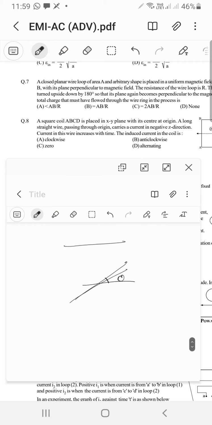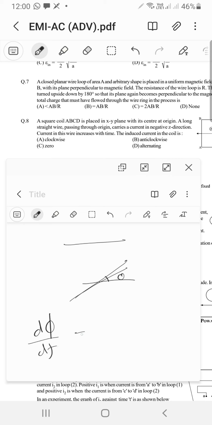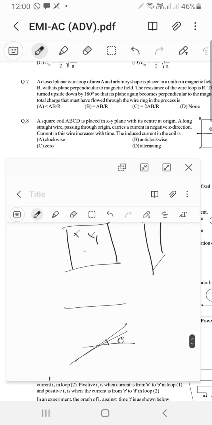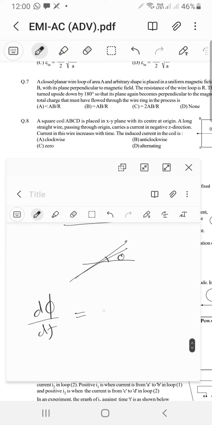Cool. So our d flux upon dt is the magnetic field times the area vector, the change in that with respect to time, of course, d by dt.